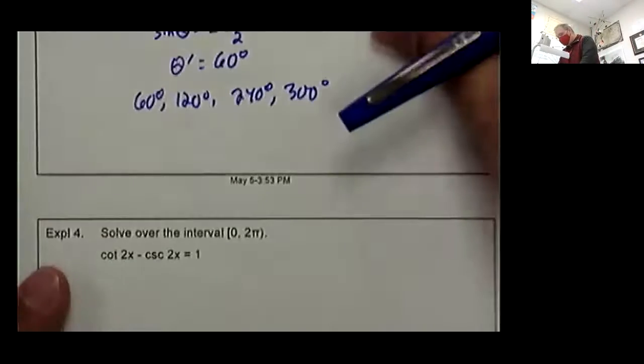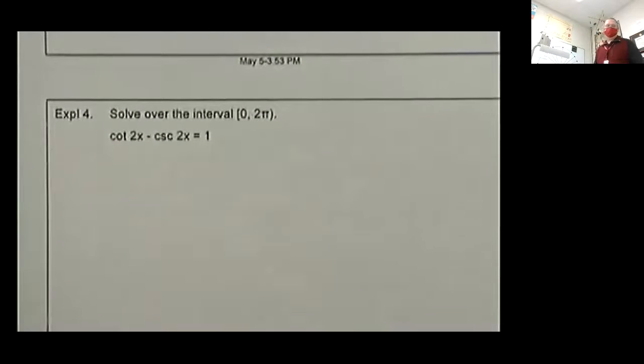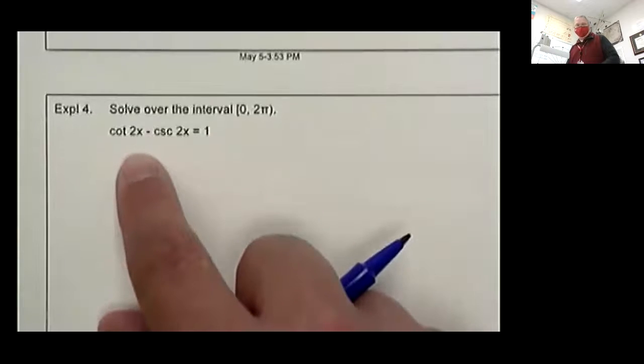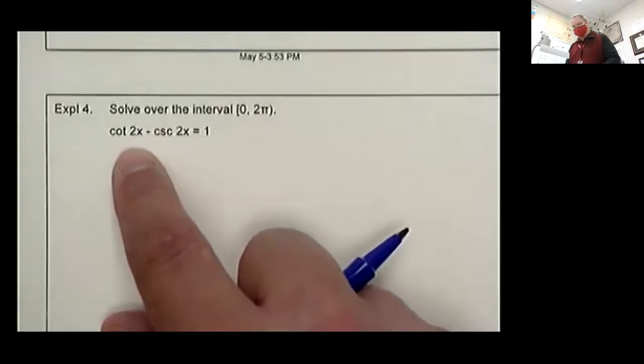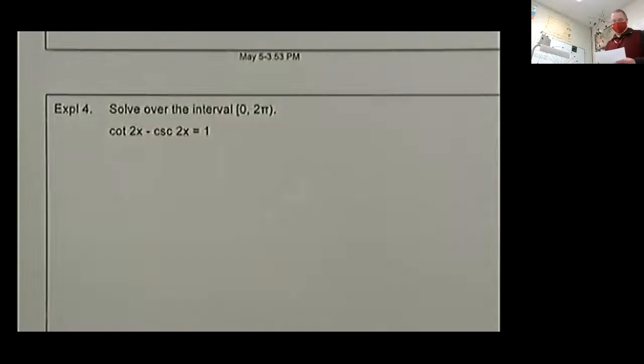Example 4, solve over the interval 0 to 2 pi, cotangent of 2x minus cosecant of 2x. So here we have double angles. One thing you might do would be to look and see if there's an identity for cotangent of 2x and cosecant of 2x, but there's not, because they're sine, cosine, and tangent.